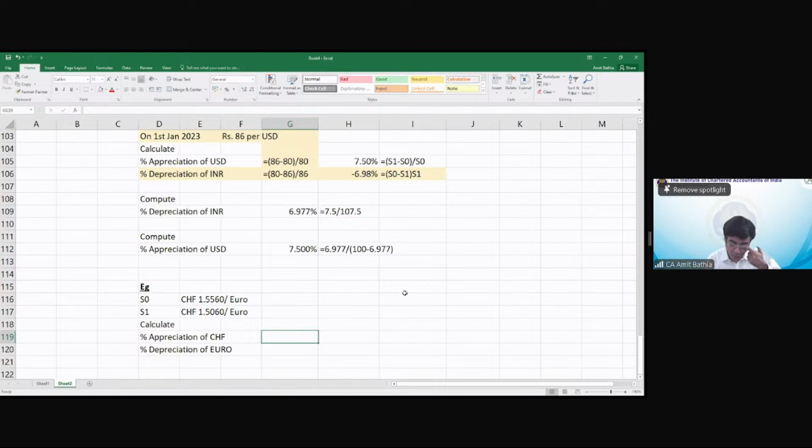1.5560 has become 1.5060, right? So here I'm going to say it is 1.5560 minus 1.5060.